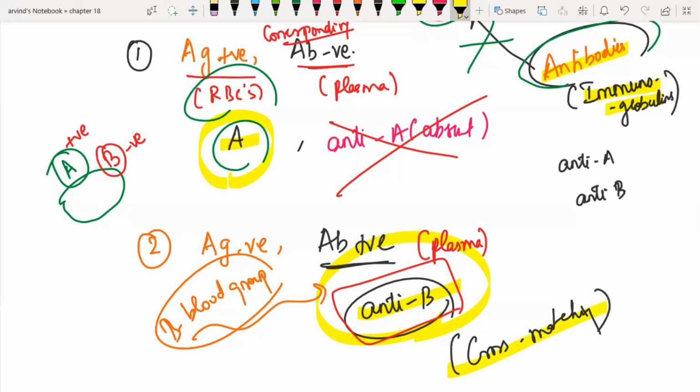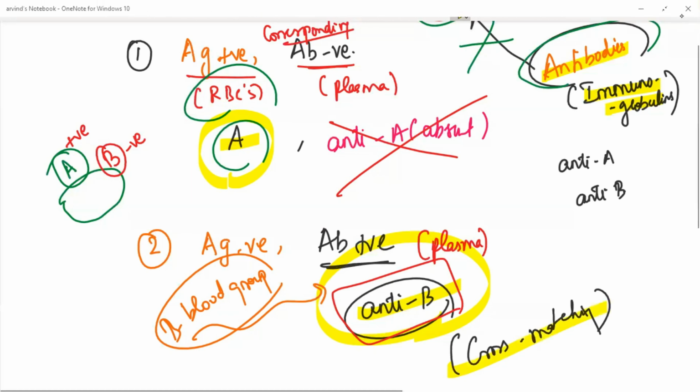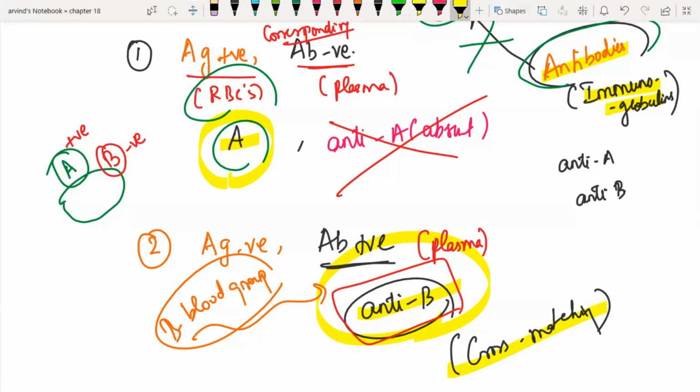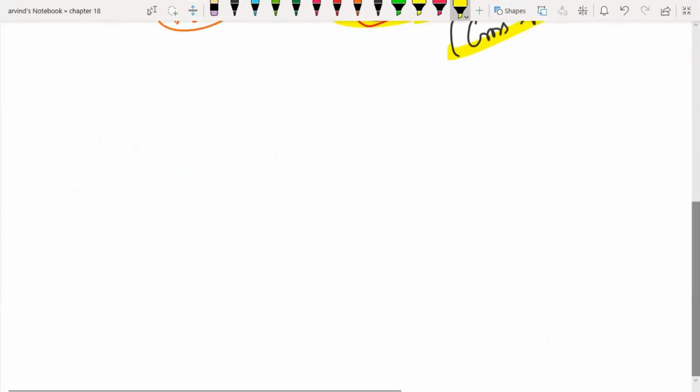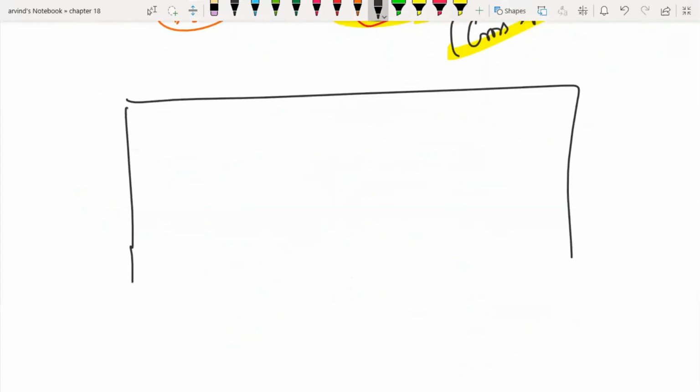So if you had understood this concept, the table that your NCERT gives is going to be very simple for you. And that is what might come for your exam. There's one more important question that I'll talk about. Just quickly to tabulate the table, sorry.